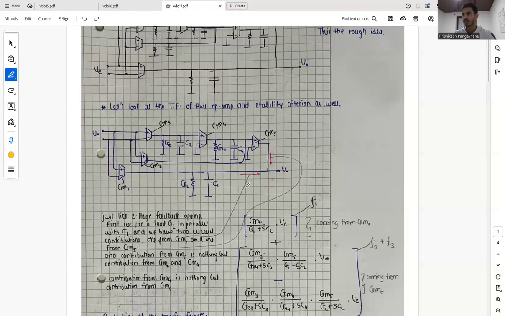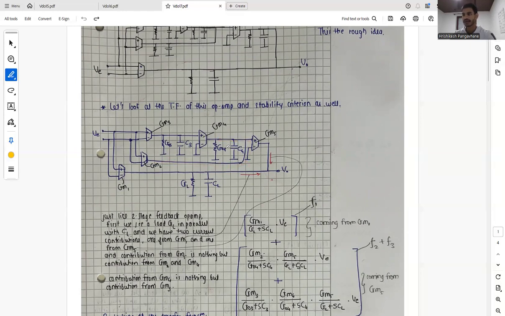First we see GL in parallel with CL, and we have two current contributions, one from GM1 and one from GM5. The contribution from GM5 is nothing but the contribution from GM2 and the contribution from GM4.